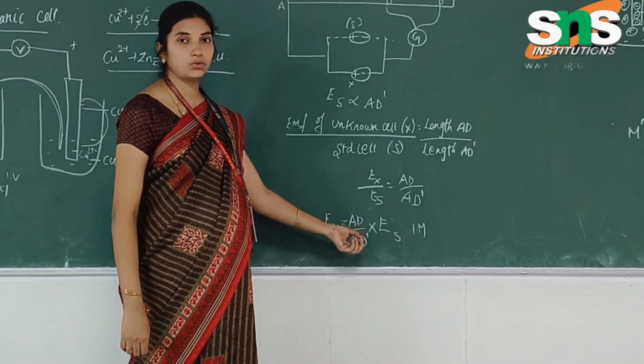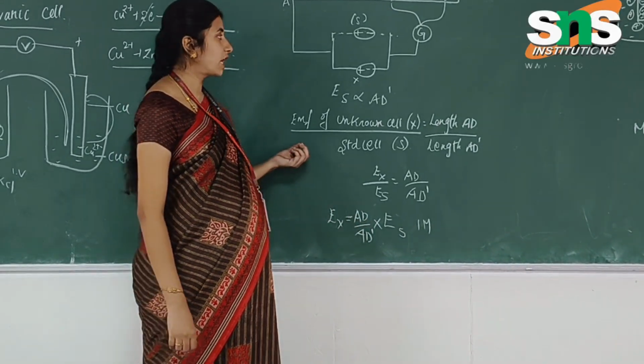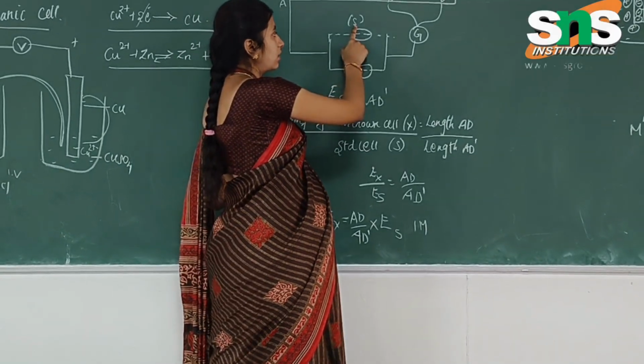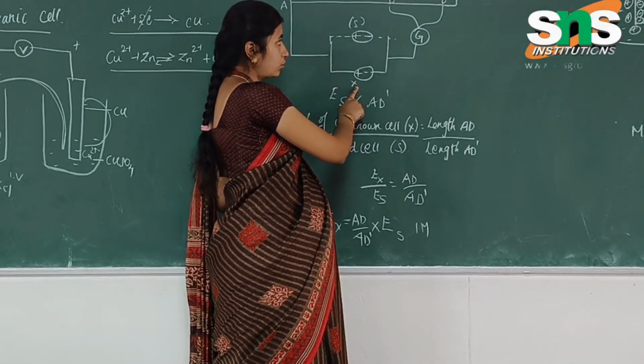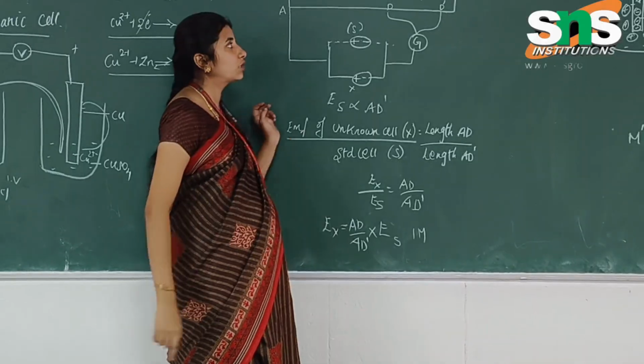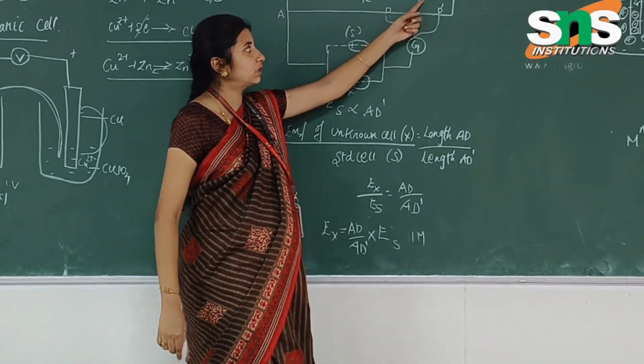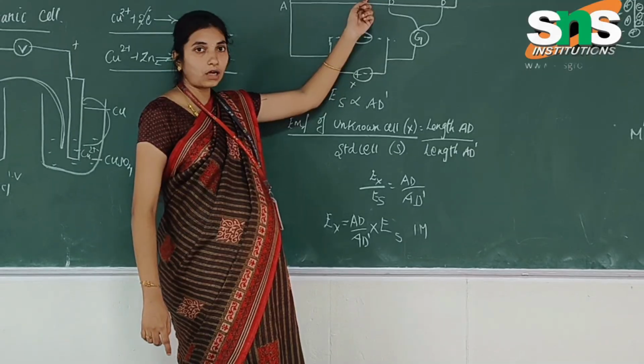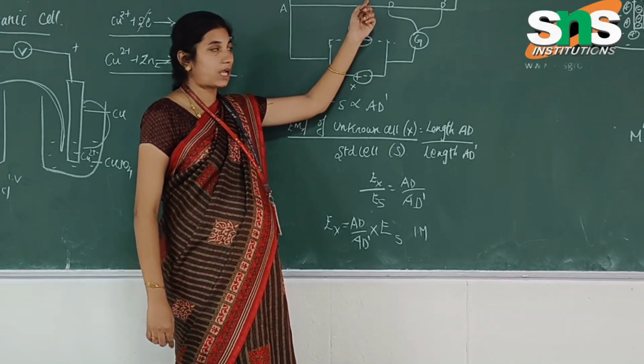That is the 1 M solution in the diagram explanation. Whenever X and S are the unknown and standard solutions, we mention constant values with K, and the rheostat value R can be changed.